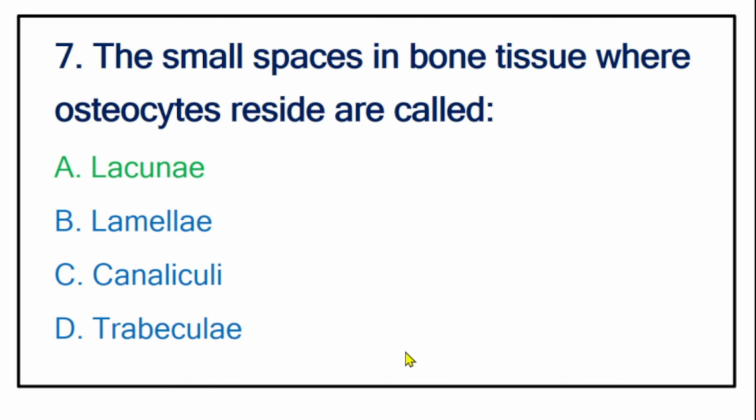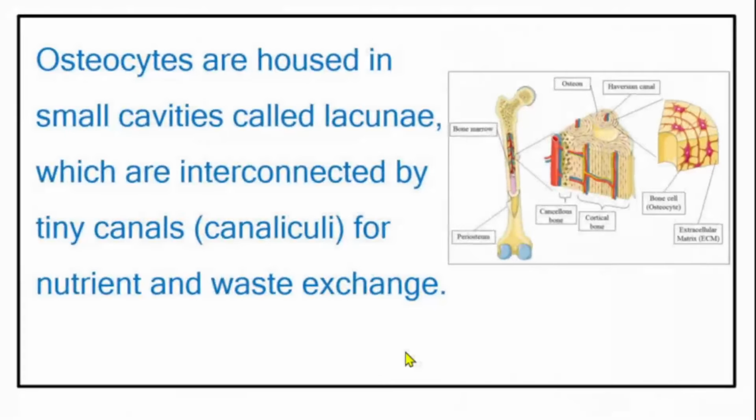A small space known as lacunae is where bone cells like osteocytes reside. Osteocytes are housed in small cavities called lacunae, which are interconnected by tiny canals known as canaliculi, for nutrient and waste exchange.